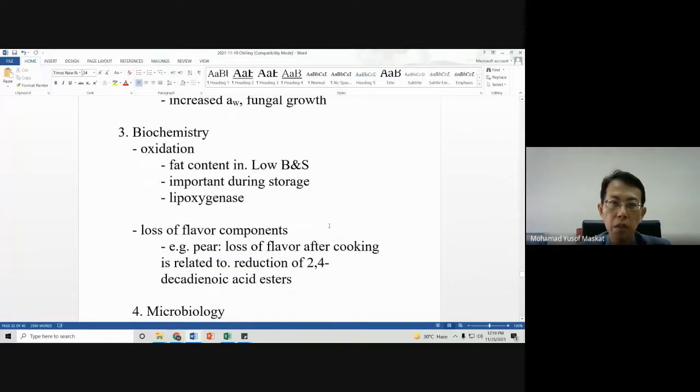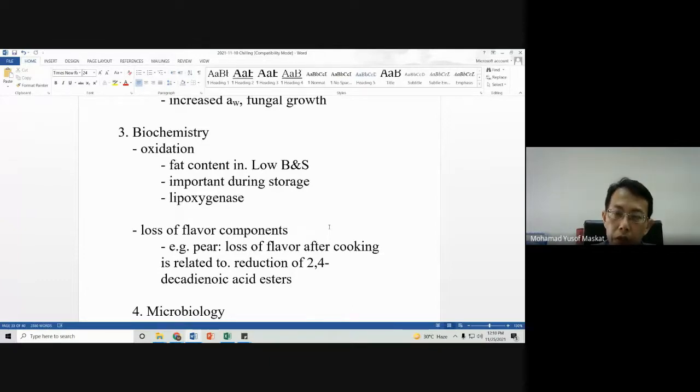Another degradation that involves fruits and vegetables is from the biochemistry point of view, for example oxidation. Fat content, in general, is very low in fruits and vegetables, but it is important during storage, because storage involves a longer time, so it may allow the action of enzymes, for example lipoxygenase.